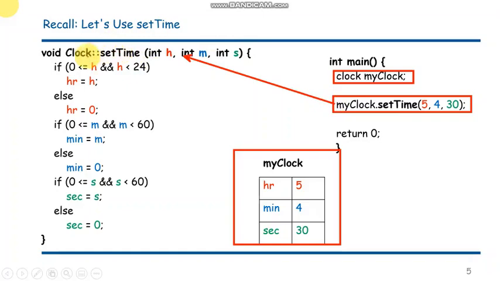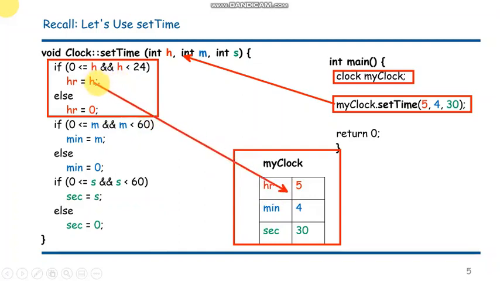When they get there, what is going to happen is, for example, 5 is going to be checked. See whether it is between 0 and 24. And in this instance, you can actually see that it is between 0 and 24. So it is going to be copied into that action puts 5 into this object.